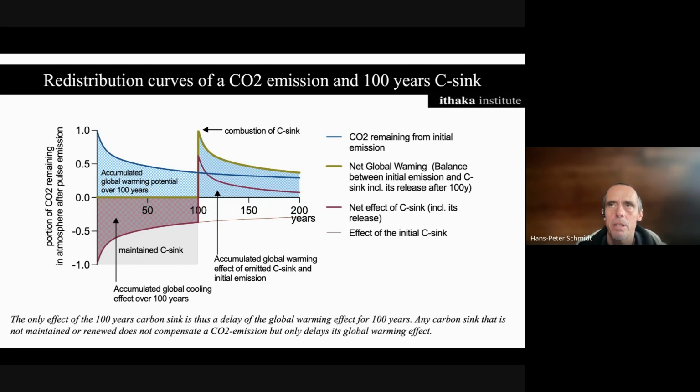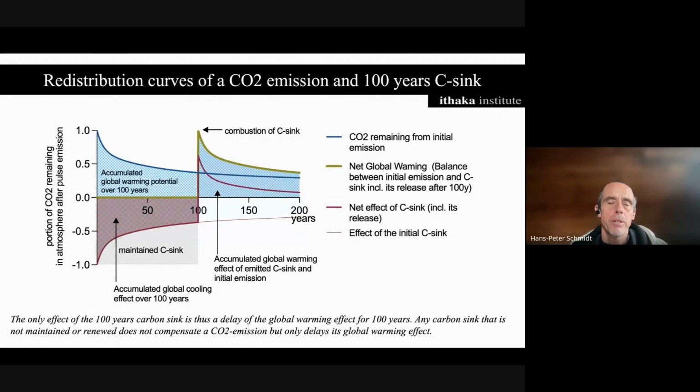But now after these 100 years, you lose your carbon sink, and that becomes an emission. So what in the end you have is, in year 100, you are at the same point as you were in year 0, because now you don't have any carbon sink anymore, and the sink that you had is lost. So you have a delay in the global warming effect of your emission.